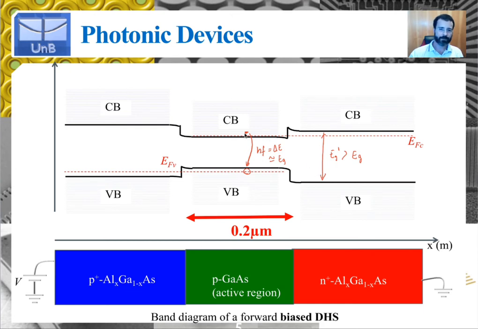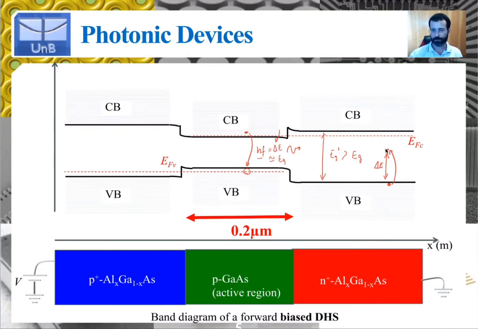But this also has another benefit, which is the fact that this photon with this energy here, right, which is emitted here, cannot be absorbed here, because in order for it to be absorbed here, it would have to be absorbed by an electron that is sitting down in the valence band, but since there is no energy level right here corresponding to the delta E, which is the energy of the photon itself.